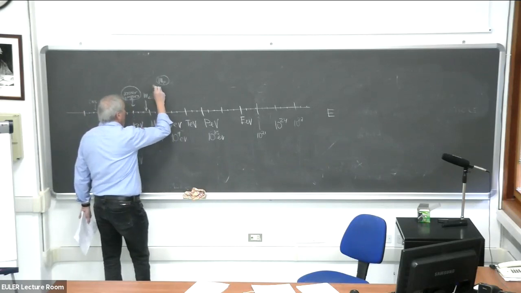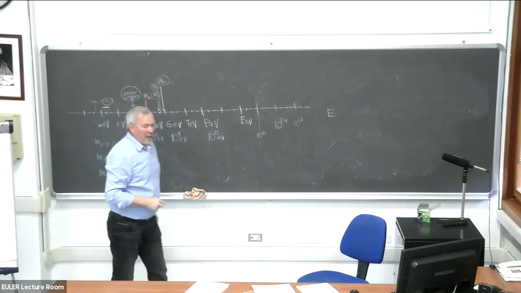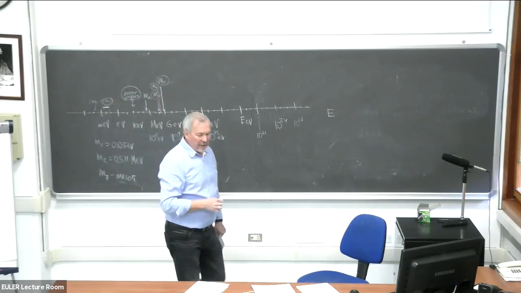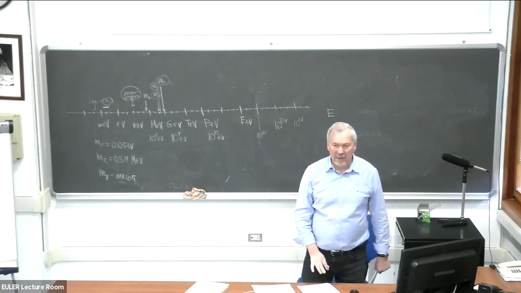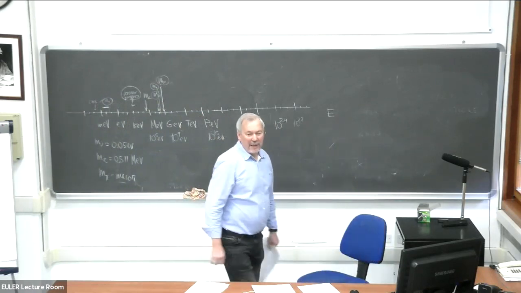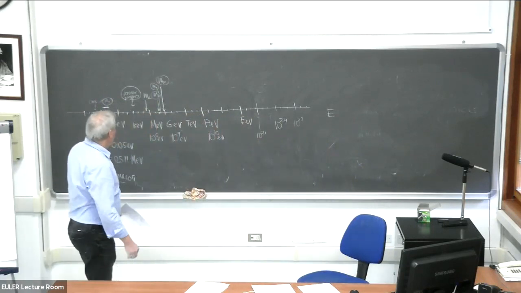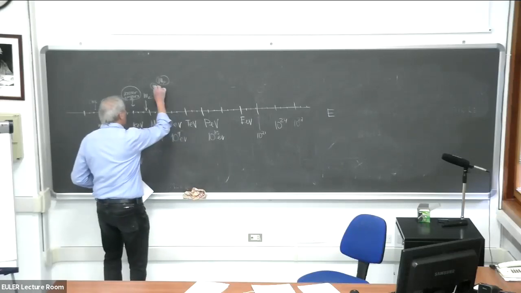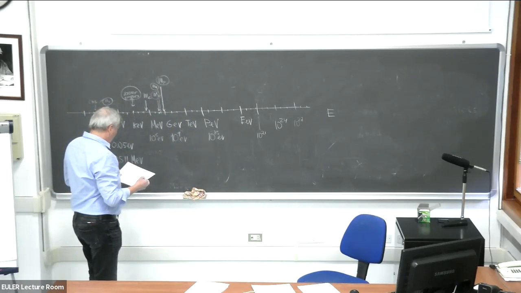So this is the mass of the pion. And this is a very important particle because, remember, the first theory, maybe some of you remember, was Yukawa theory of strong interaction, and precisely the pion was introduced as the mediator of the strong interactions. So this is a very important particle, especially in strong interaction physics.